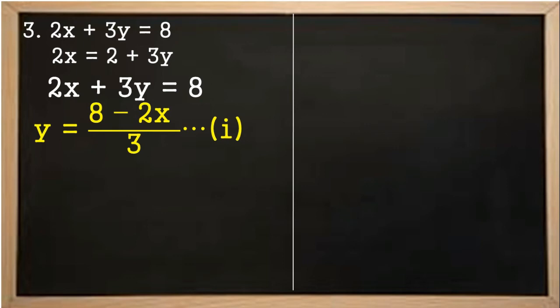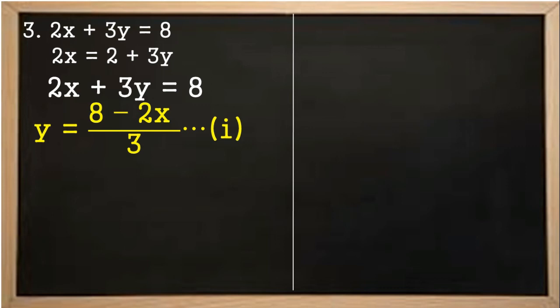I hope you will be able to solve this step, children. 2x is shifted from left hand side to right hand side, hence it is minus 2x, then its value is equated to 3y, therefore y is equal to 8 minus 2x by 3. So first step is over.